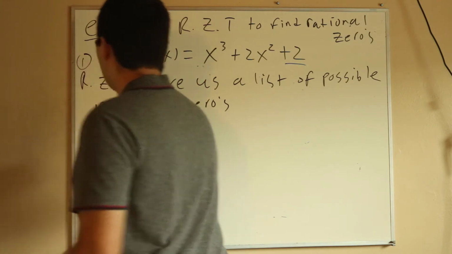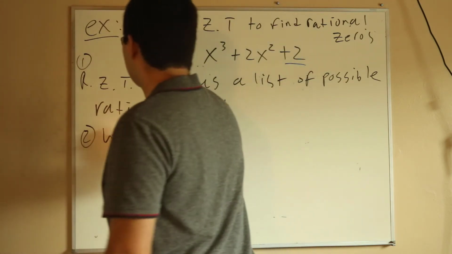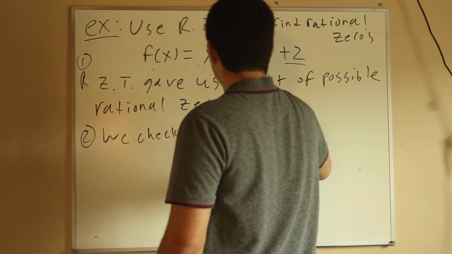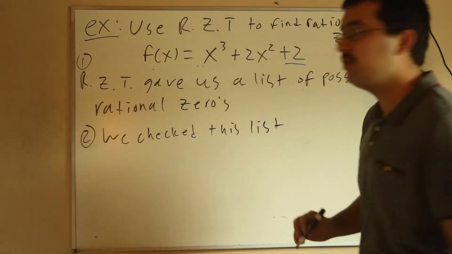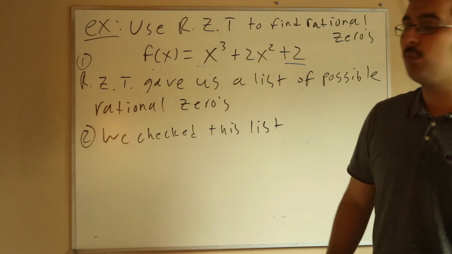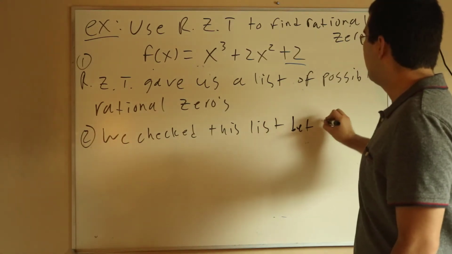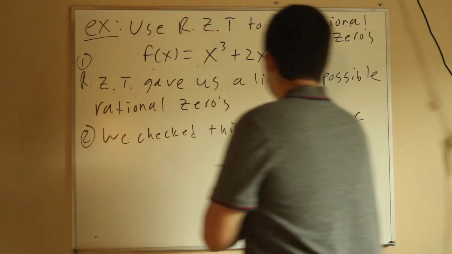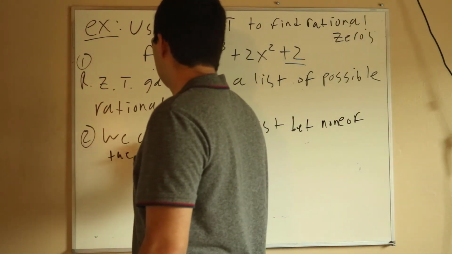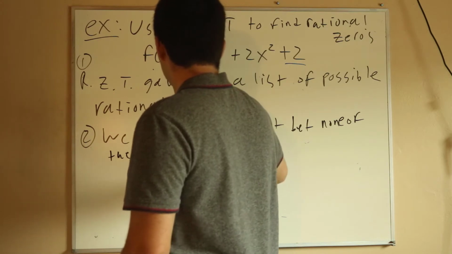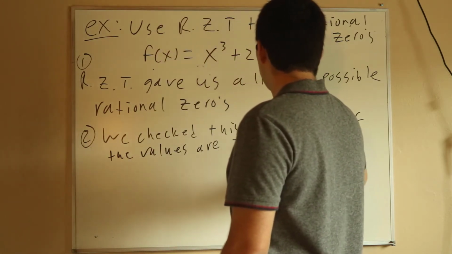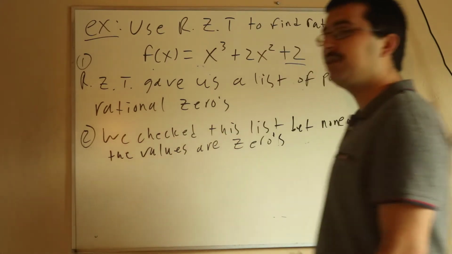The second thing that happened is that we checked this list, but none of the values work. None of the values are zeros. So after checking our list, we've determined that none of these values are actually zeros.